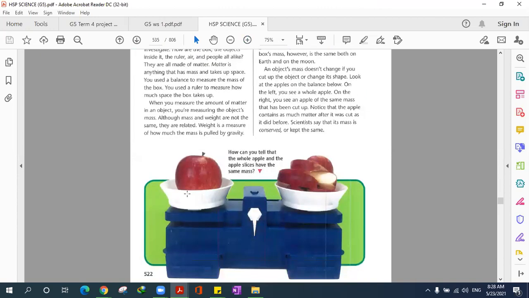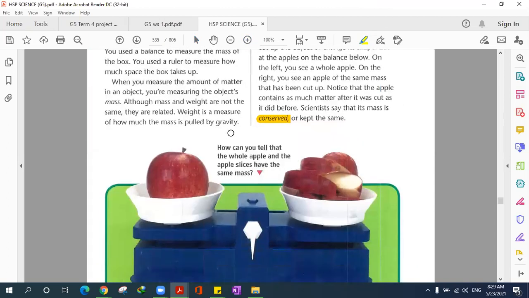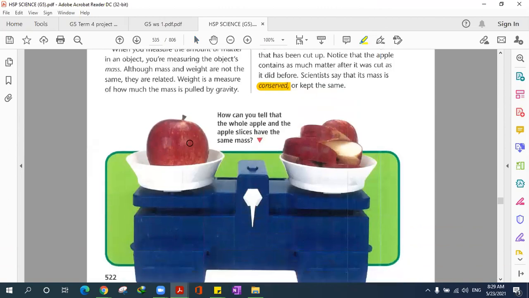Changing the physical shape, how this matter looks, will not really change the mass, because the mass is conserved. We have this word conserved, which means it's kept the same. As you can see, for example, we have here two apples with the same mass, but one has a full shape while the other is cut into different parts.